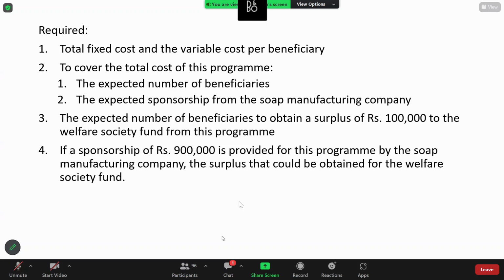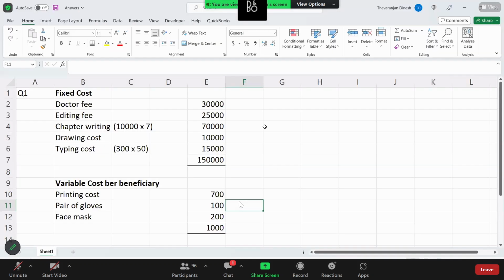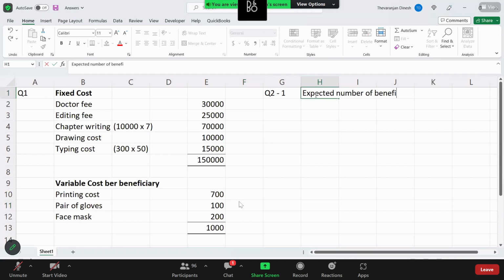Yeah, very good. Correct answer. So I will go to Excel. Question number 2, part 1, they are asking the expected number of beneficiaries, or in other words, BEP.